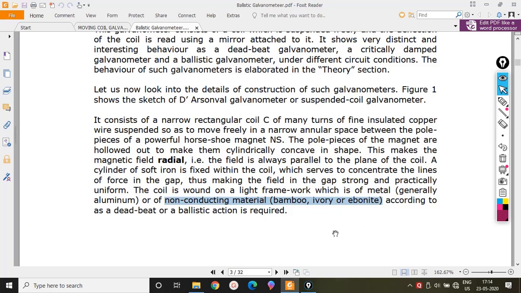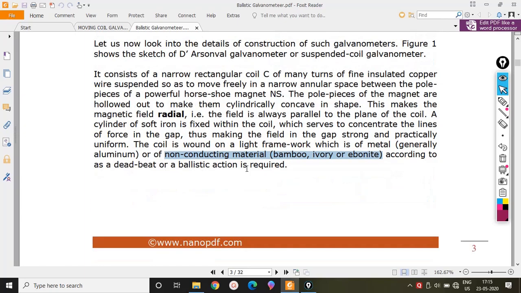In your previous case, the Weston type, it might be on an aluminium frame, but here it would be over a non-conducting material, and it may have a suspension wire made of phosphor bronze.